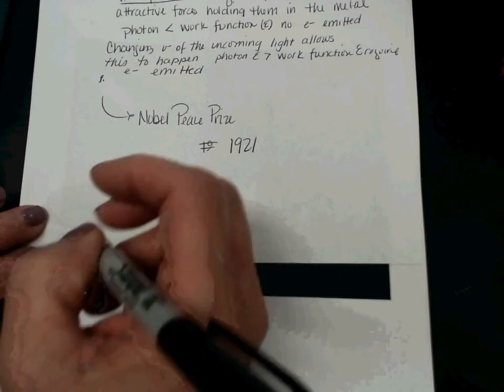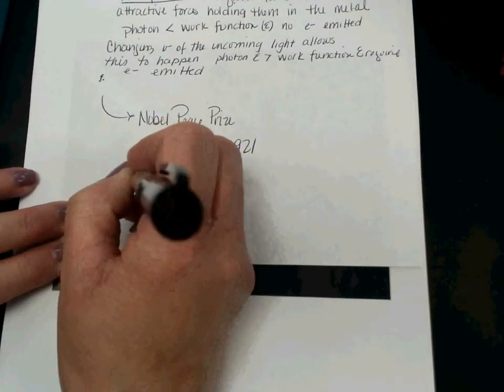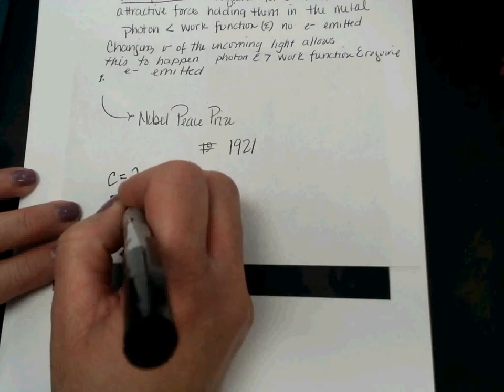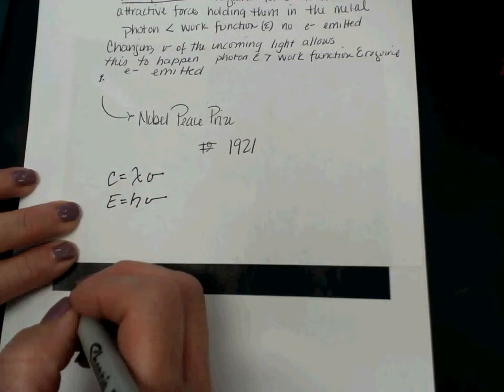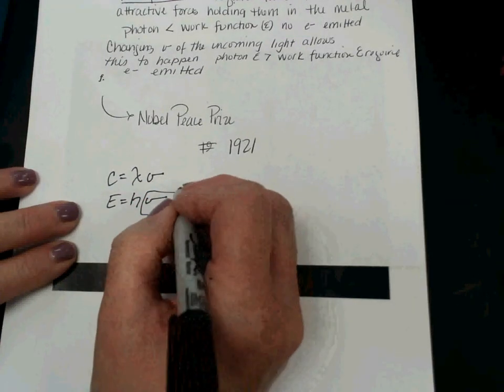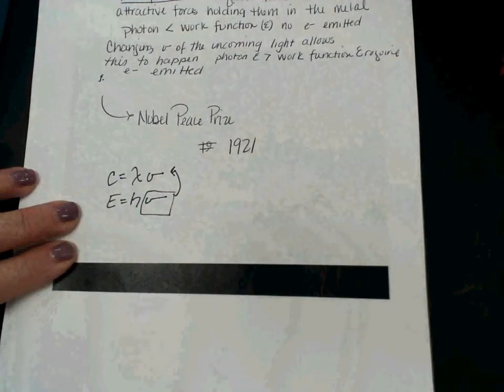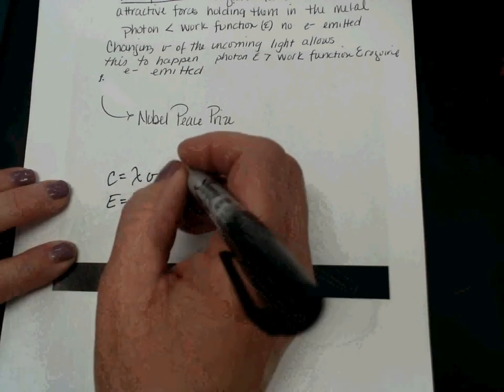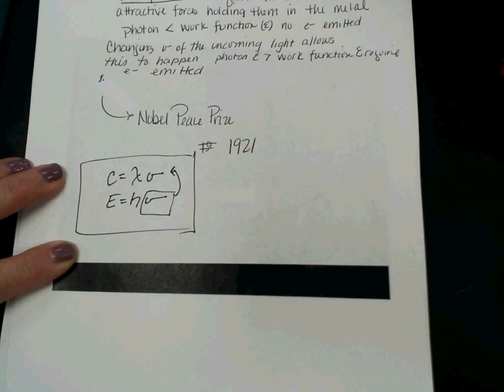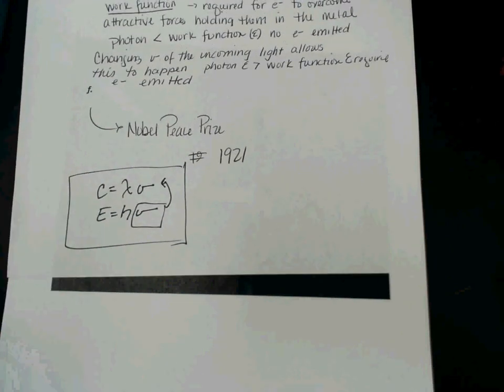Do remember that there are times when you have to use c equals lambda nu and E equals h nu. Use one or the other to solve for nu, or frequency, and then plug it into the other one to find what you need. Sometimes you may have to use both formulas in order to solve one problem.